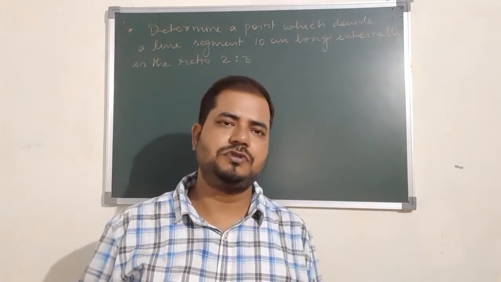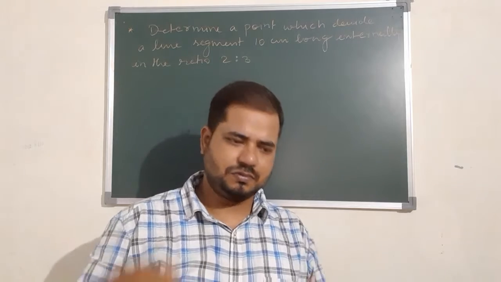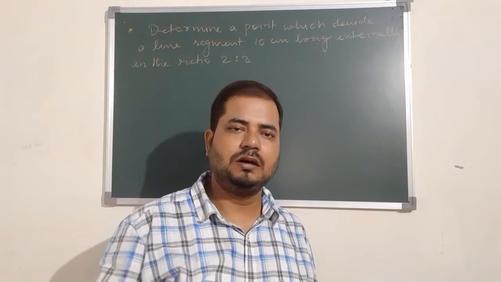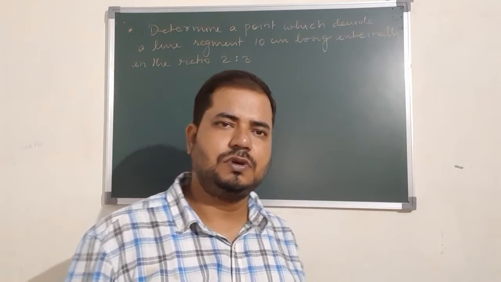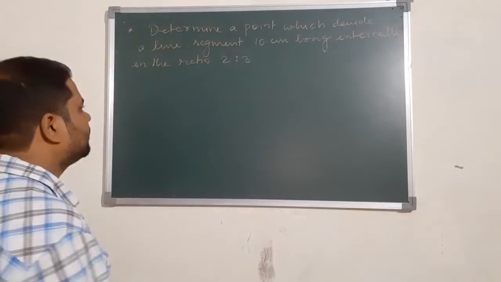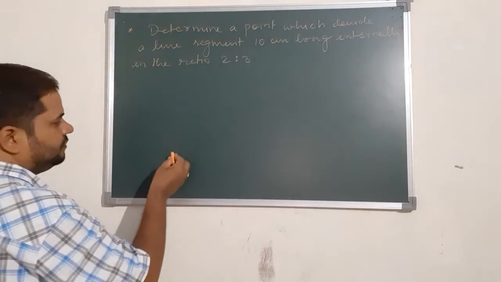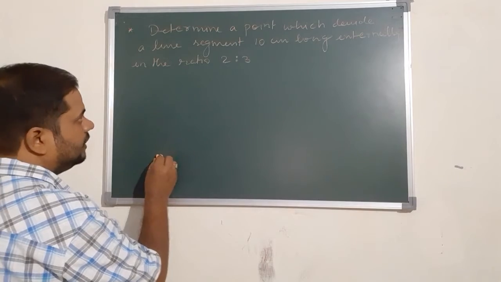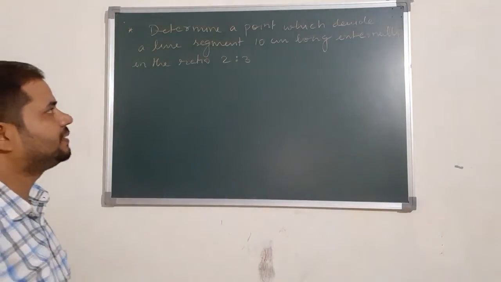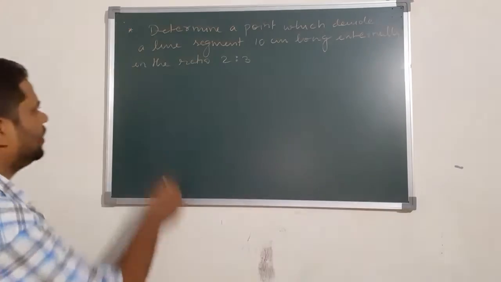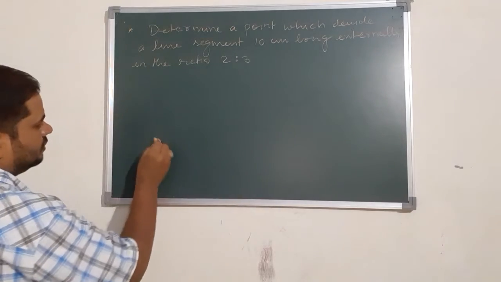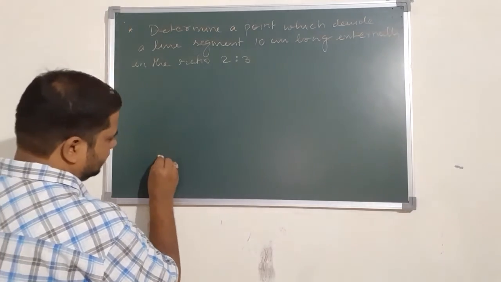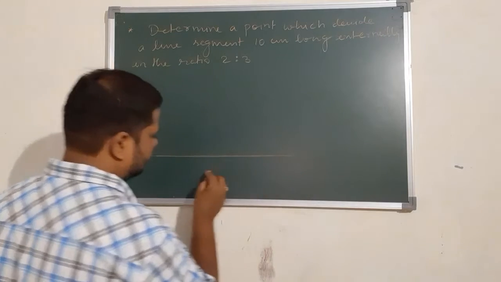I am just going to draw and recite the steps of construction, so you have to note it down. So first thing, we have a line segment 10 centimeter. That means step 1, draw a line 10 centimeter long.